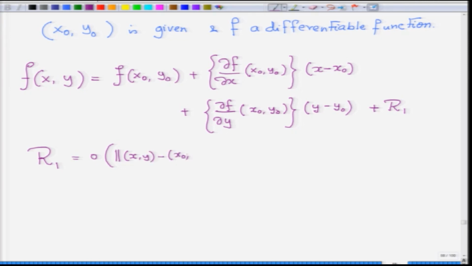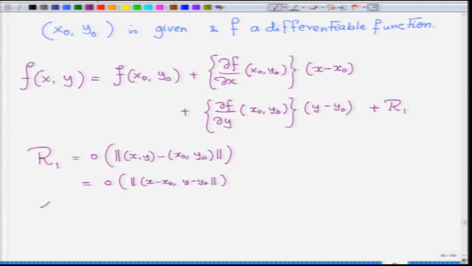So, this is your x, x y is the x, so in the one variable case, and x naught y naught is playing the role of A. So, this simply means O of the norm of x minus x naught, y minus y naught.